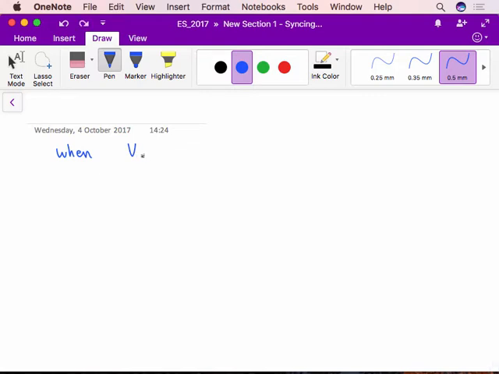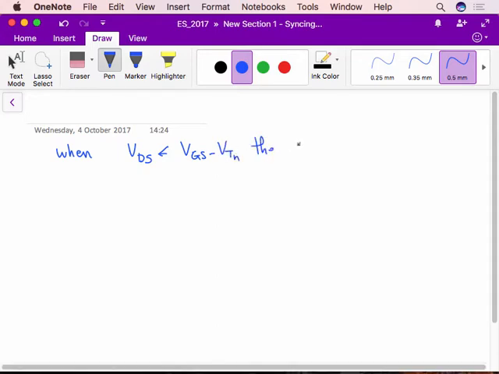When VDS is smaller than VGS minus VTN, the NMOS goes in the linear regime.